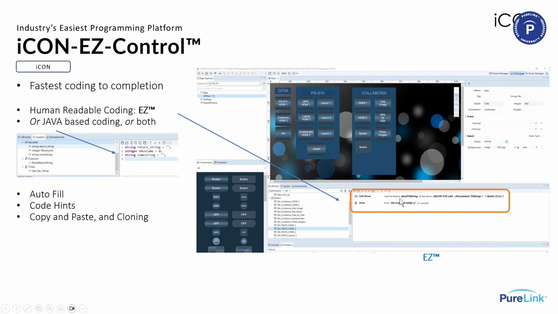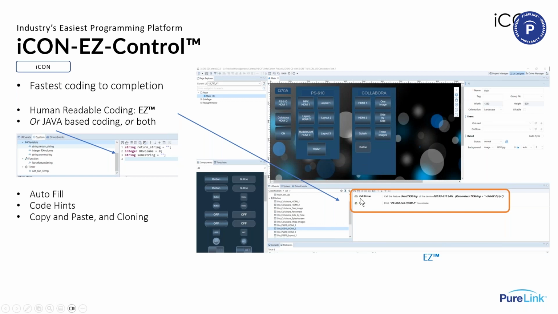So that's the first line we show. And the second line is not even necessary. It's just a console debug string. It says print PS610 call HDMI2 to console. I'll show you that in a moment. But that's for the programmer as they're writing code to test what they're doing is happening. So it helps you feel confident that what you're doing is working.